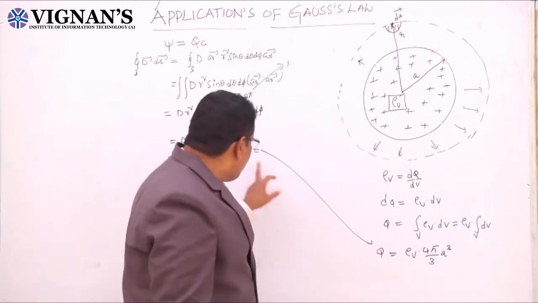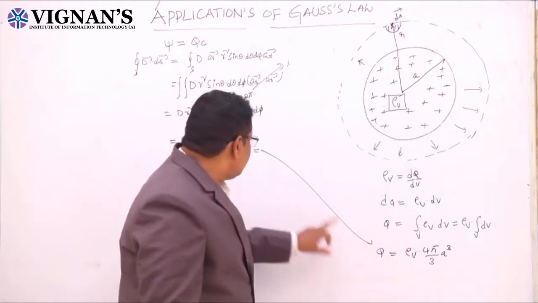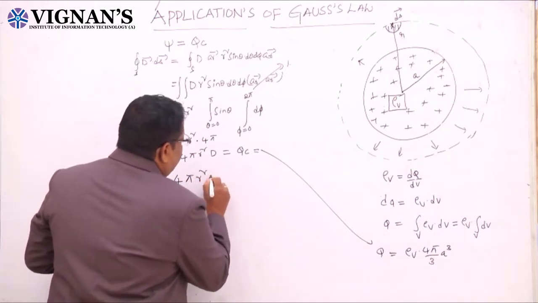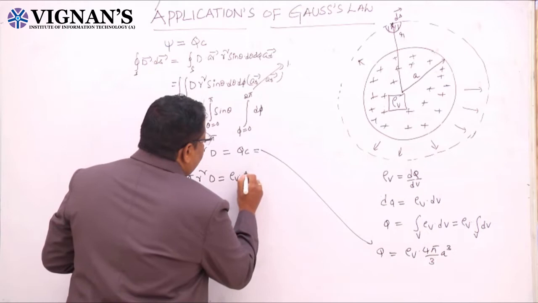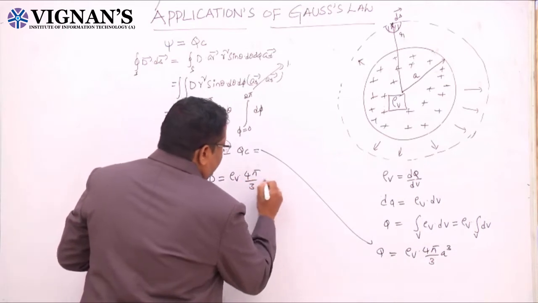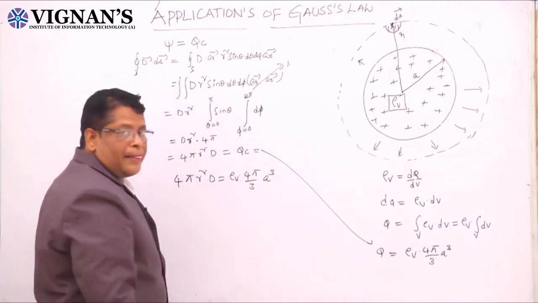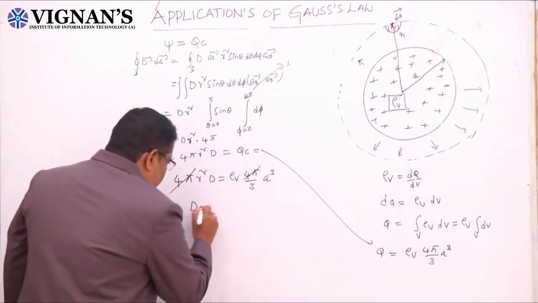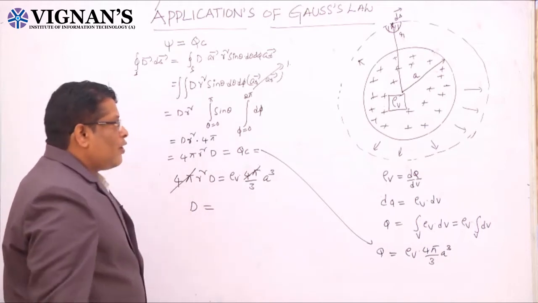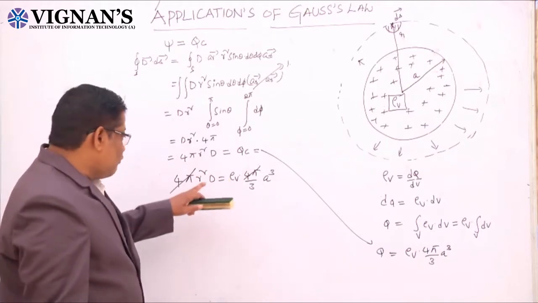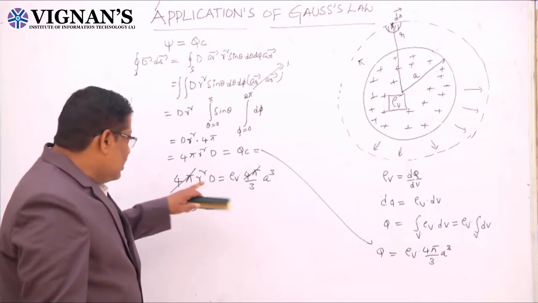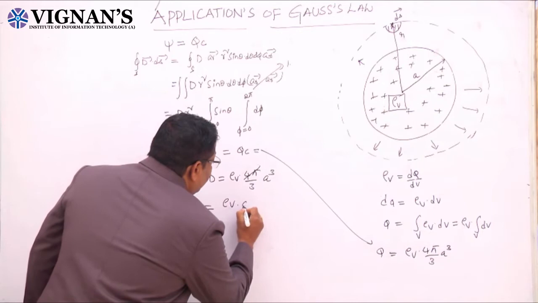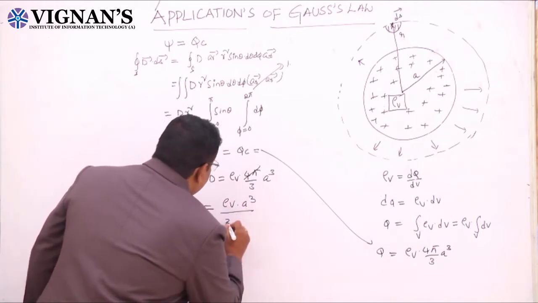So these two quantities are equal: 4 pi r square D equals rho v into 4 pi by 3 a cube. Now 4 pi gets cancelled. Because we want to find the flux density, we find D. D equals rho v a cube by 3 r square.